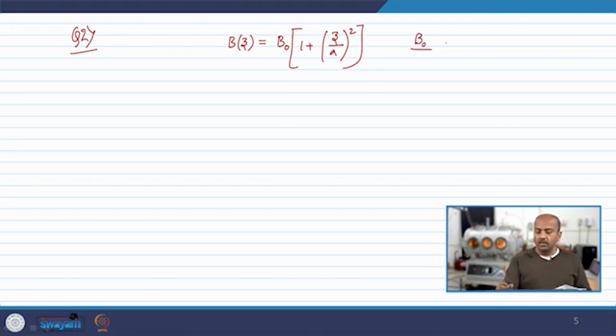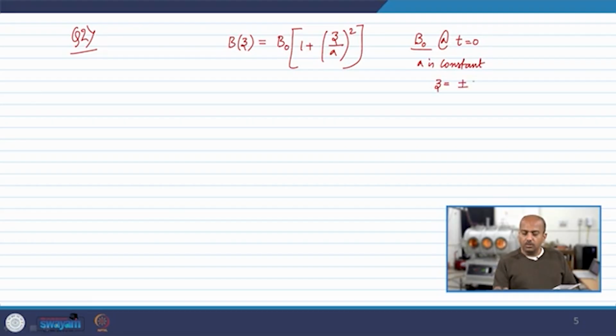Now, the magnetic field configuration is B of z equals B naught times (1 plus (z by a) whole squared), where B naught is the constant magnetic field at t equals 0, and a is also a constant, and the mirroring will happen at z equals plus or minus zm.